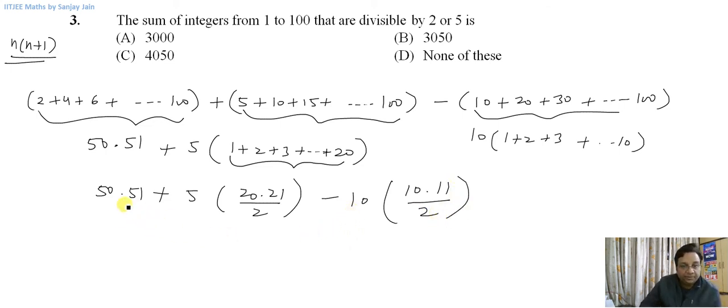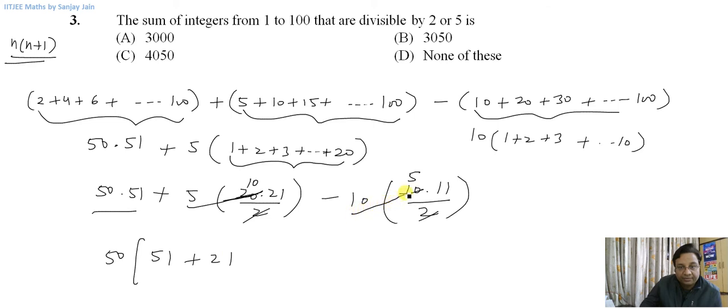This is what we need to calculate. So this is 10, right? So you see that there is 50 in each of these numbers, right? If I take 50 common, the first term will give me 51. If I take this 50 common, the second term will give me 21.